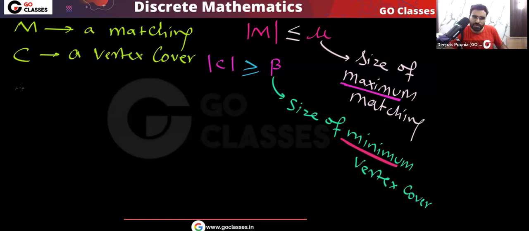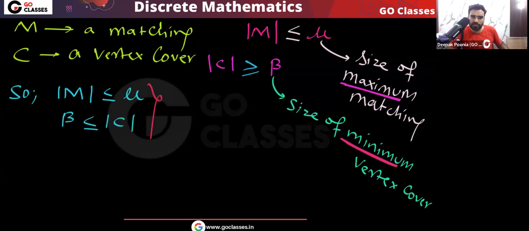So very simple. What we got is that the size of M is definitely less than equal to mu, and beta is definitely less than equal to the size of C. So far we are just using common sense, nothing else. This is not a concept, it's just simple common sense.